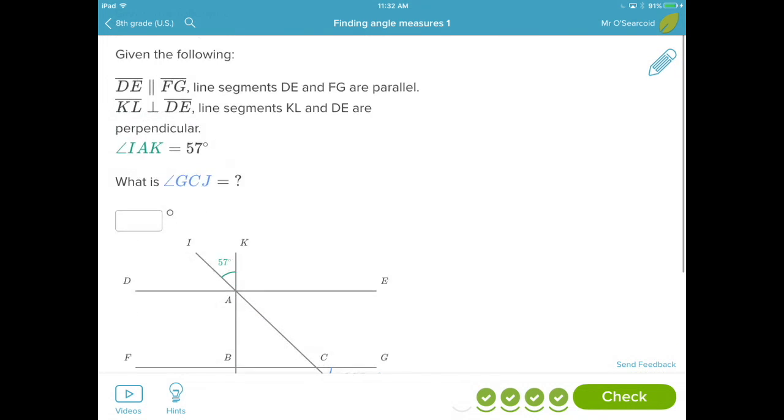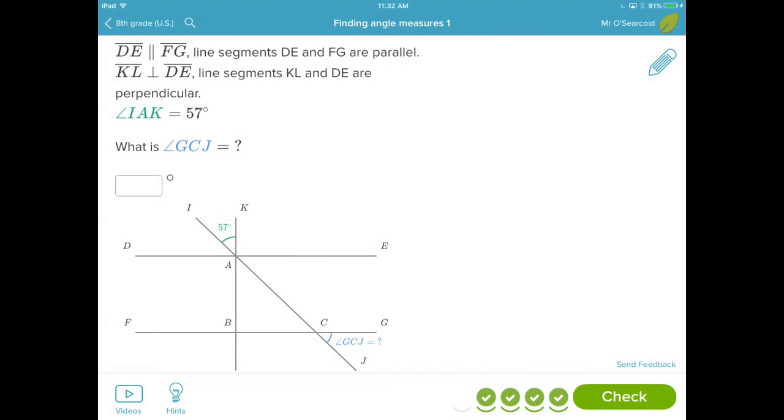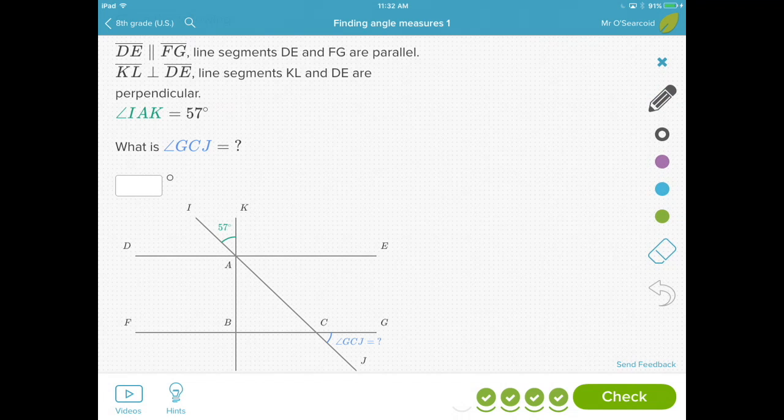So the next problem, again, we have two parallel lines, DE and FG. We've got the perpendicular transversal KL to DE. KL is perpendicular to DE.